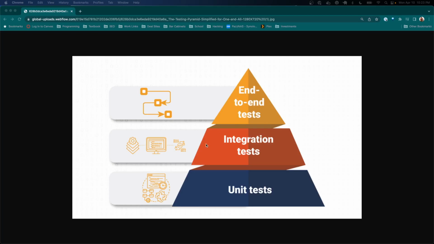Next, we have integration tests, and this is basically just testing chunks of the system in relation to each other. So maybe there's a new feature for being able to pay a bill online.